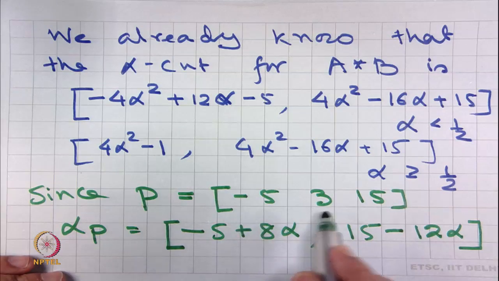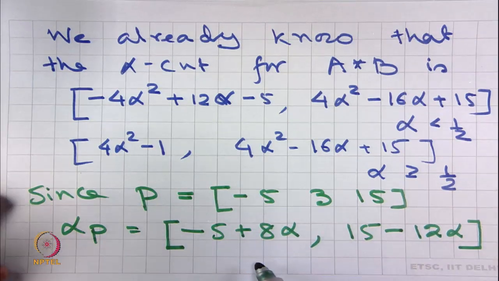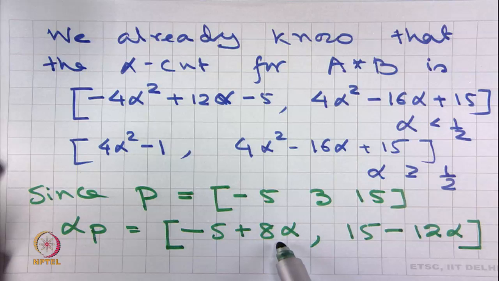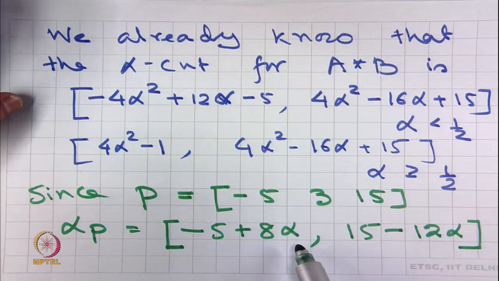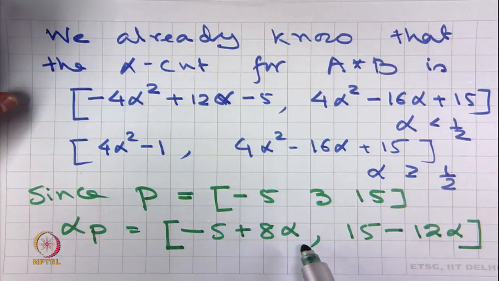This we know, we have seen many times how to calculate from a given triangular fuzzy number by using the similarity of triangles.